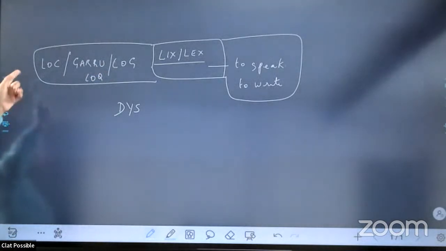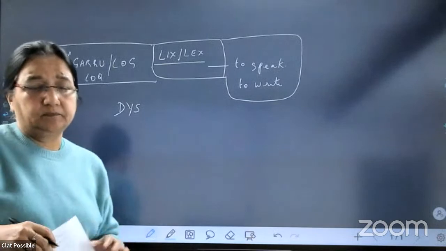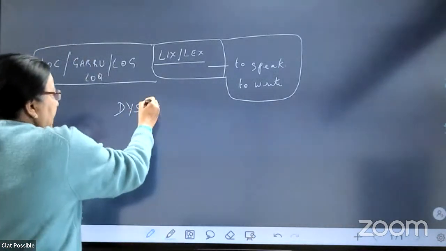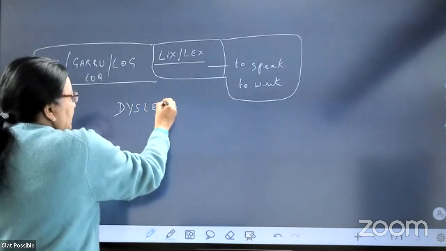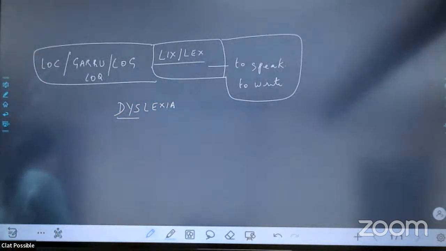So if you can see here, all these word roots mean to write or to speak. Now, when I write this word, dyslexia, can you see the negative prefix that I've added? A disorder of speaking and writing, dyslexic. A disorder of speaking and writing.